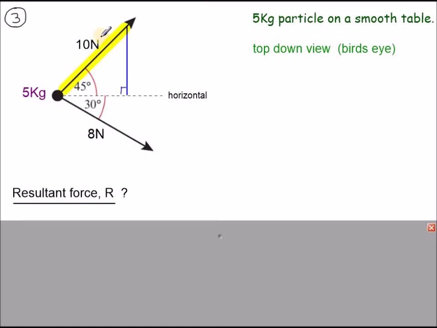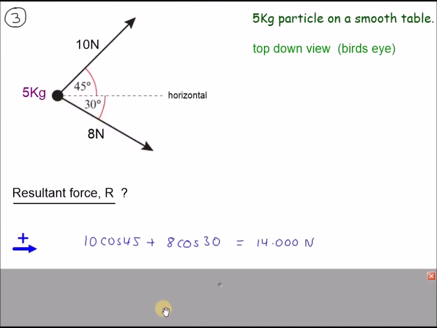So the 10 Newton force has a horizontal component in this direction of 10 cos 45, and it has a vertical component in this direction of 10 sin 45. And this 8 Newton force has a horizontal component in this direction of 8 cos 30, and it has a vertical component in this direction of 8 sin 30.